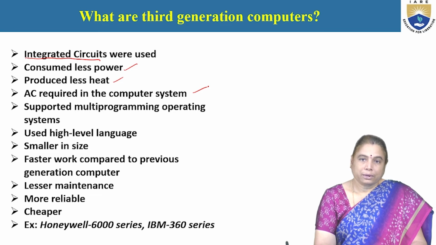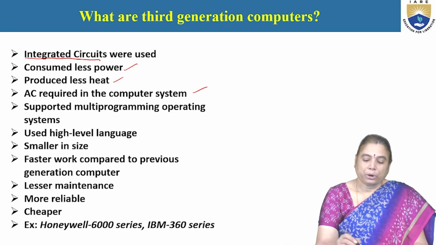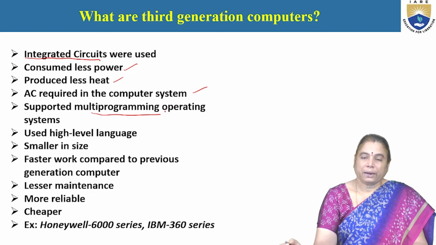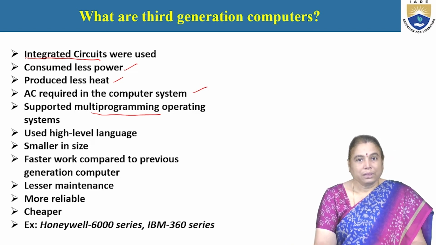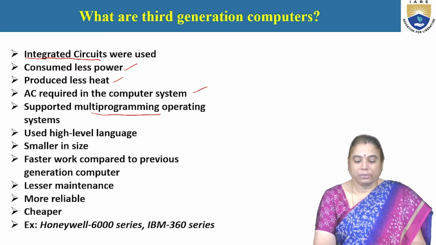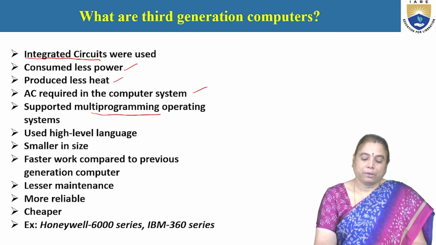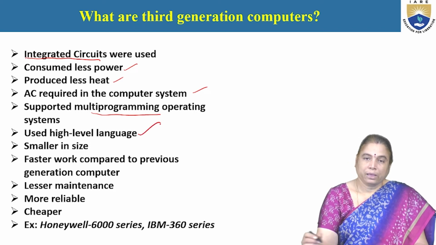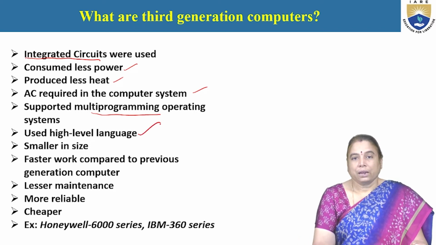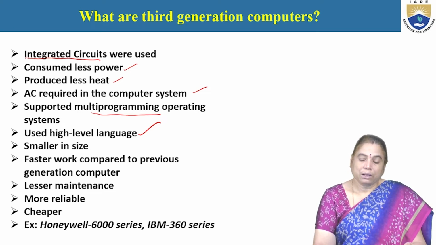But these third generation computers support multi-programming operating systems. That means the user is capable of executing more than one task at a time by using these third generation computers. And the third generation computers can support high level languages, so natural language can be used for the development of programs and applications.